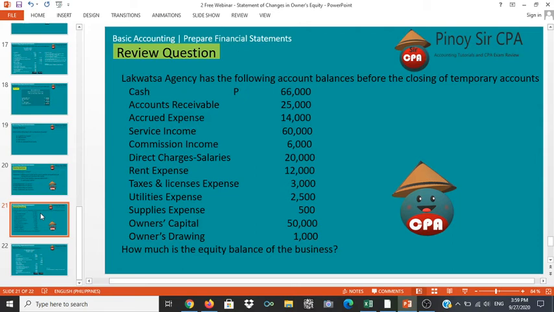So the question is, will you get all the information provided to get the equity balance o hindi? Write it in the chat box.